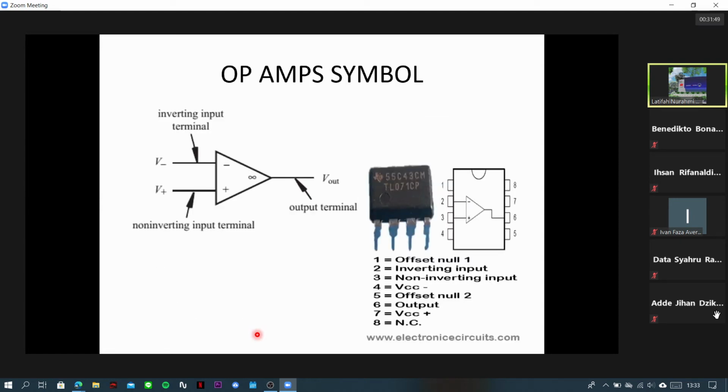So because of all those reasons, you may use an operational amplifier.